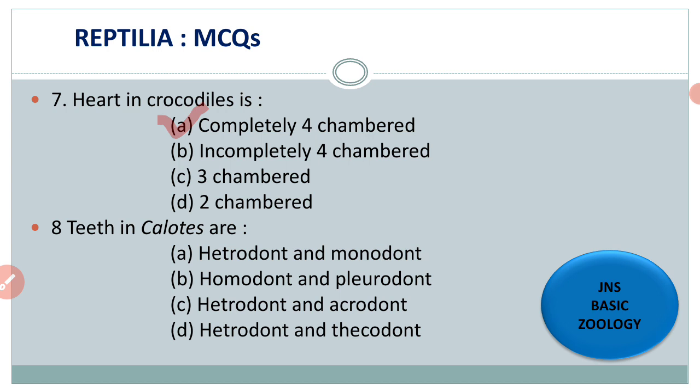In Calotes, the teeth are fused to the inner edge of the jaw, and they are homodont and pleurodont. Homodont means having similar type of teeth, and pleurodont means fused teeth found on the inner edge of the jaw.